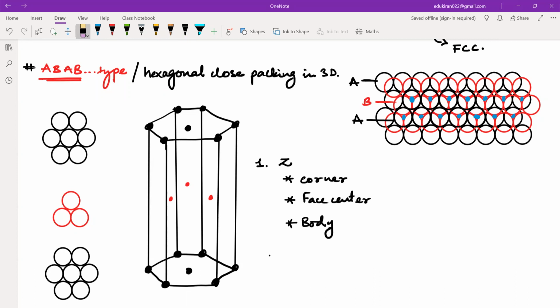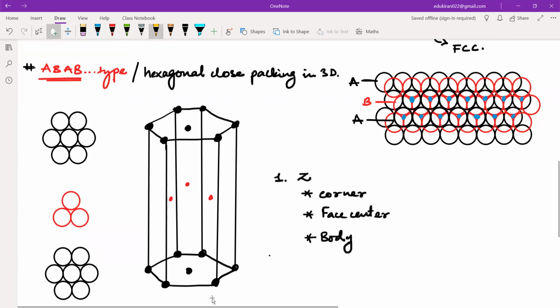Now, this is not a cube. That is why the corner atom will have a different contribution, because it is being shared by a different group of unit cells, or a different group of rooms, you can say. So let us first see what is the contribution of the corner atoms in this case. So you can elongate it here, and then you can make one room like this and one room like this.